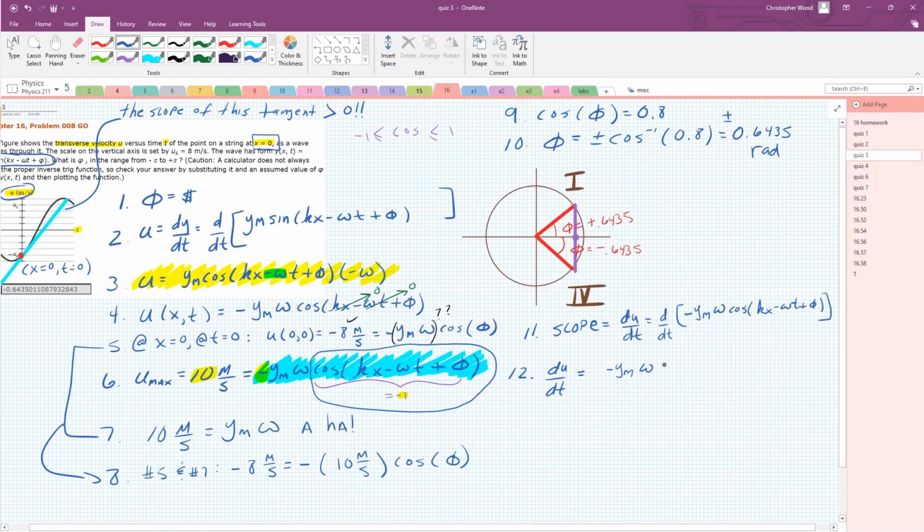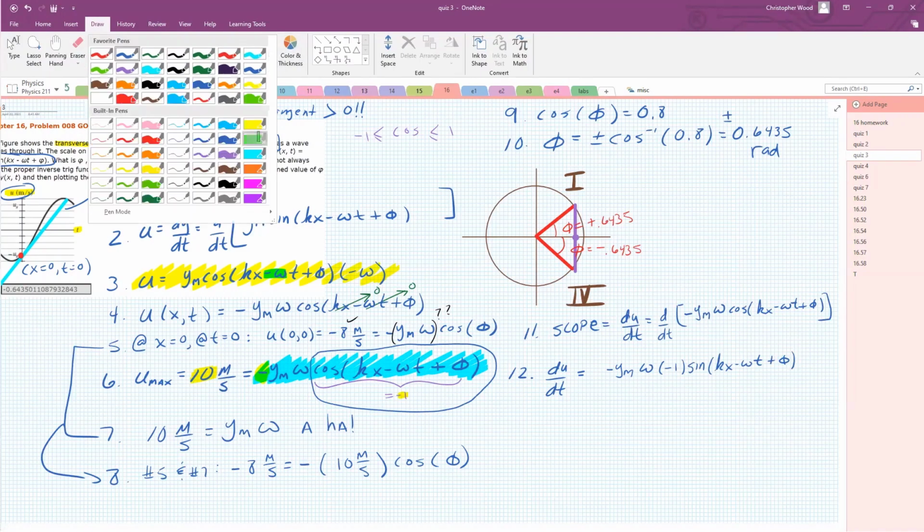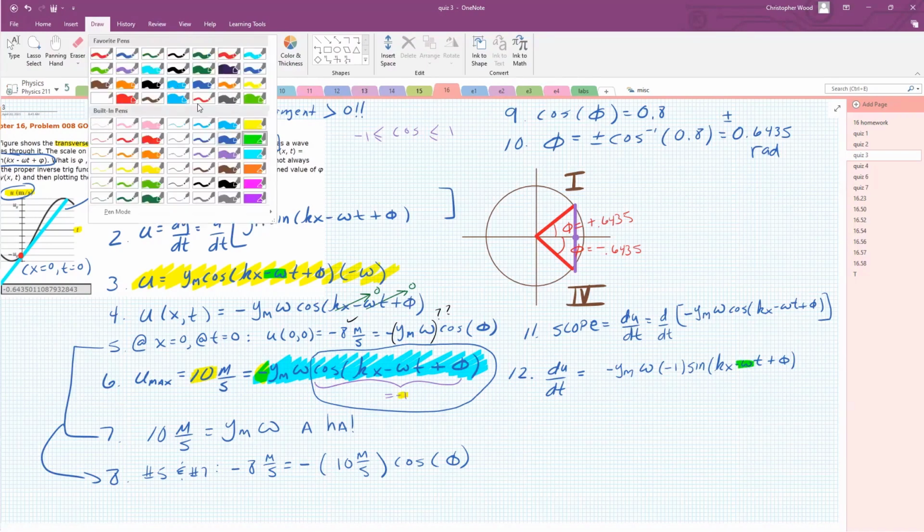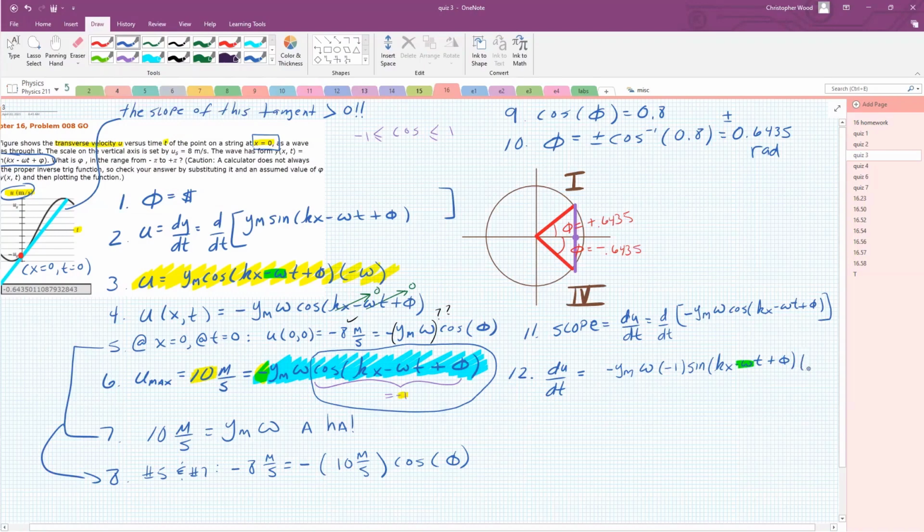So this is going to be negative sine of this angle, kx minus omega t plus phi. Power rule says if it's a derivative with respect to time, I need to then multiply by the coefficient of time. So I'm going to multiply by minus omega.